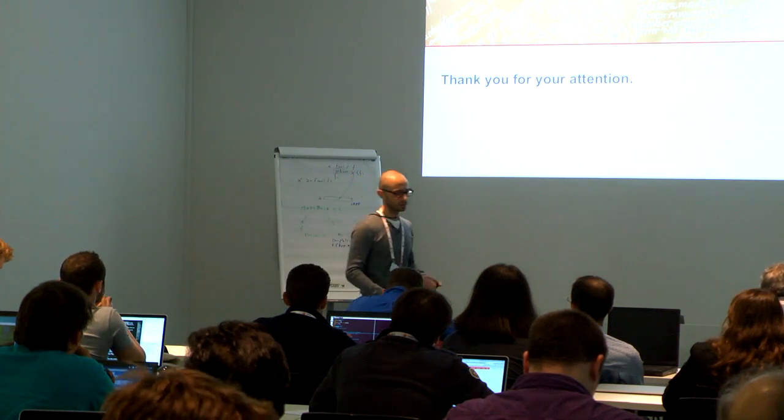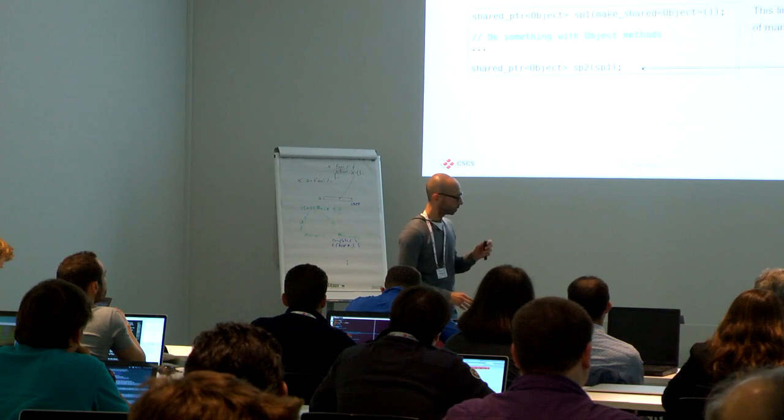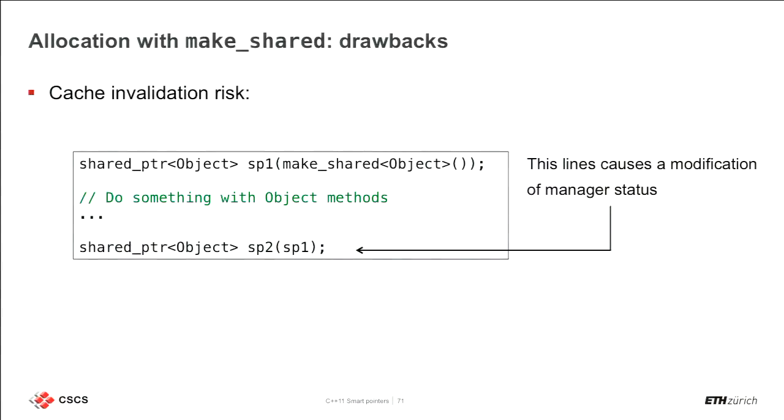There could also be a drawback, a minor one, but it can be present, which is related to cache invalidation. As we said, when you make a call to make shared, you make just a single, bigger memory allocation that contains both the allocated memory for the raw pointer and the resource manager itself.